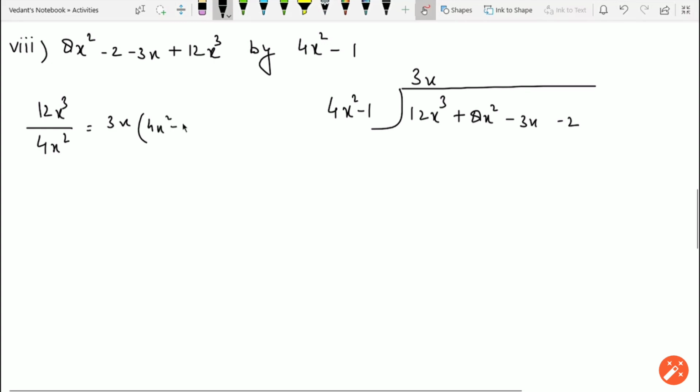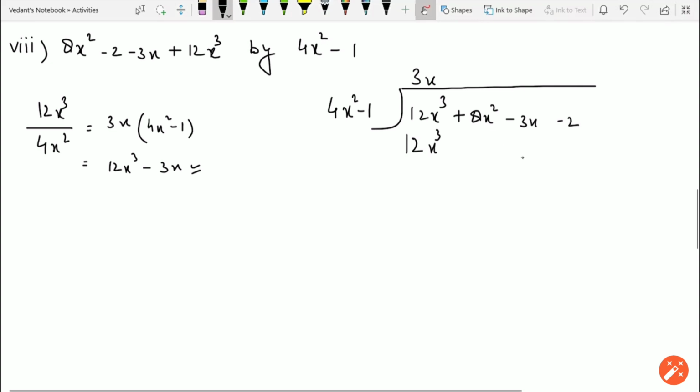3x multiply with the divisor 4x square minus 1. Whatever we get, we write here. It will be 12x cube minus 3x. We write here 12x cube minus 3x. One thing student, minus 3x means what? The power of x is 1.